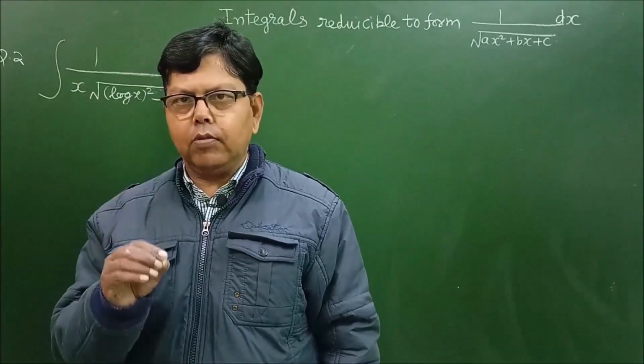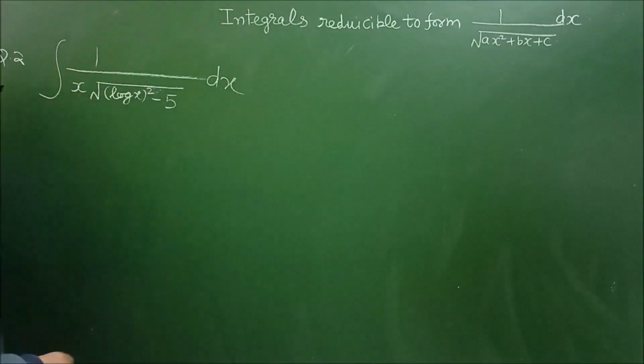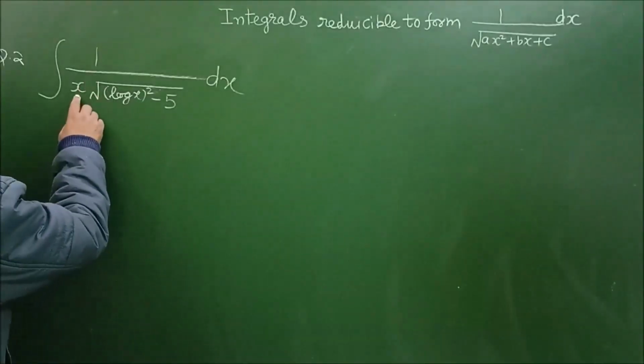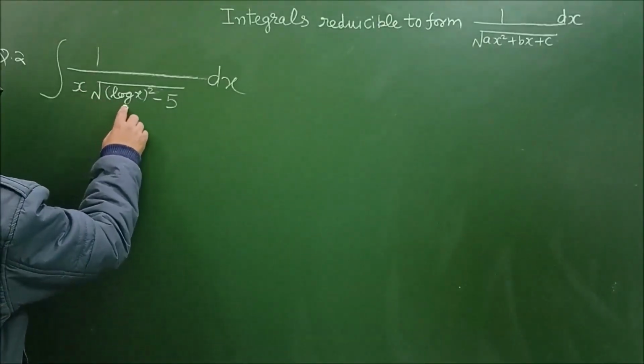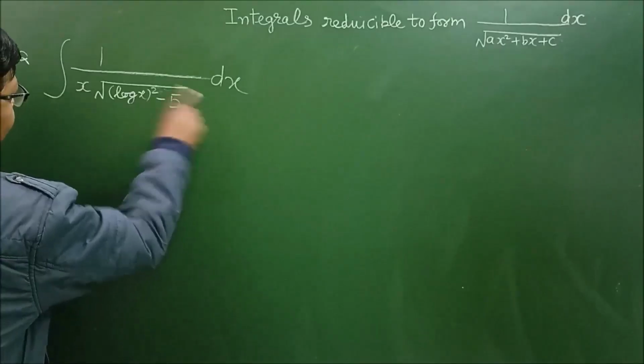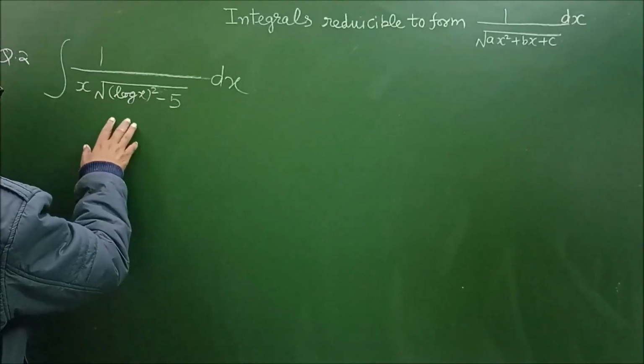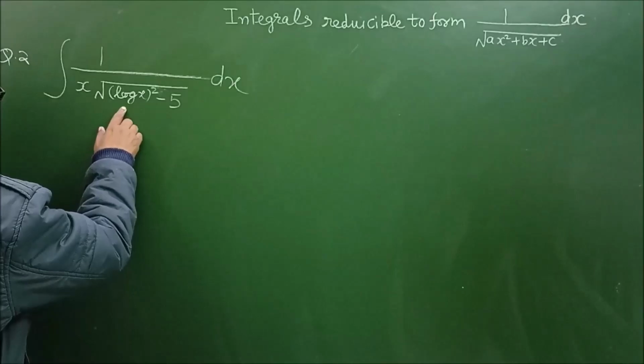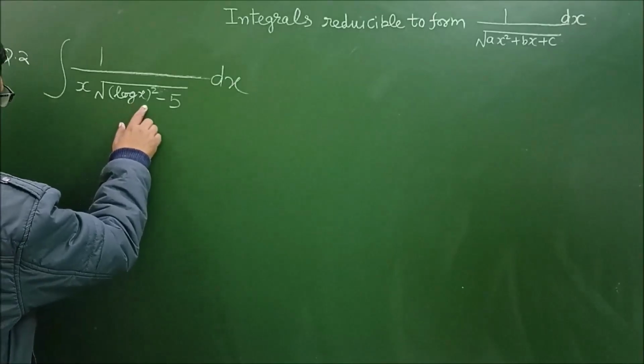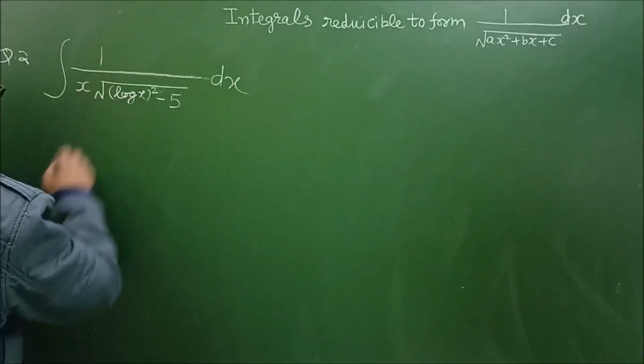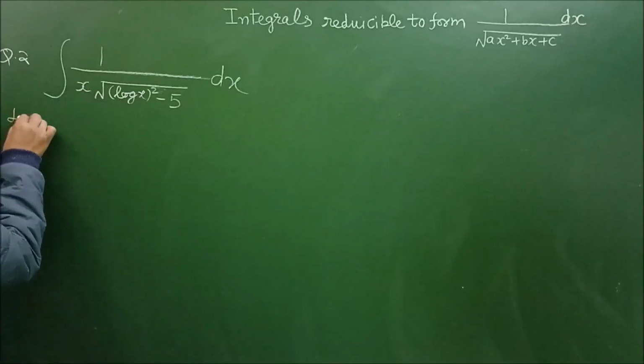Next question, question number 2. Find the integral of 1 upon x under root (log x) square minus 5 dx. From a general observation, it is clear that the derivative of log x is 1 upon x. So let log x is equal to t.